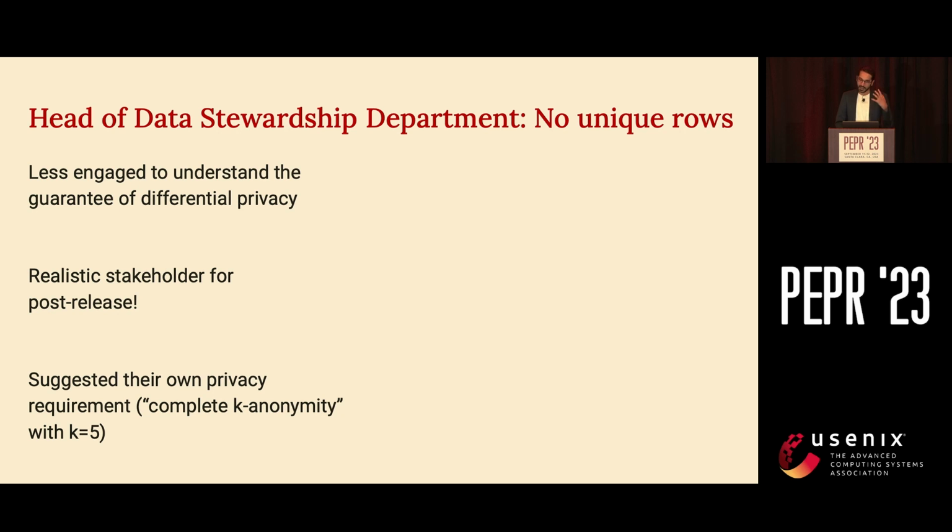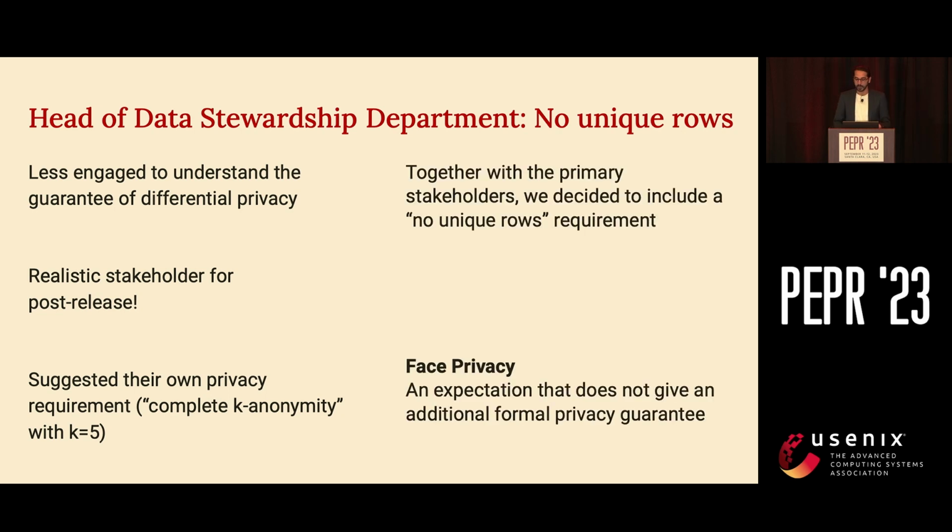They actually said, and I have this quote, "Private governmental data released to the public cannot contain unique records, no matter what." When people think about their expectation of privacy, if they see unique records, that's not going to work. So together with our primary stakeholders, given that we have the formal guarantee of differential privacy, we included no-unique-row guarantees.